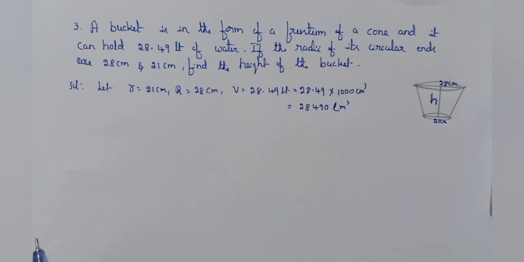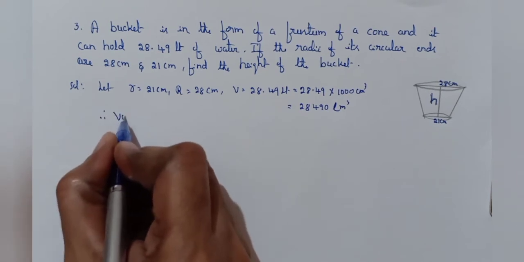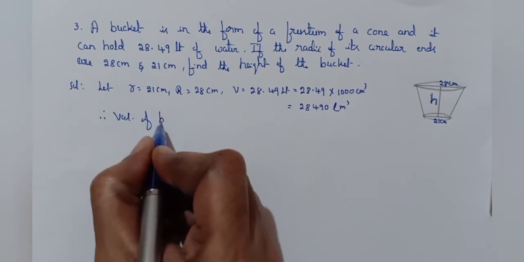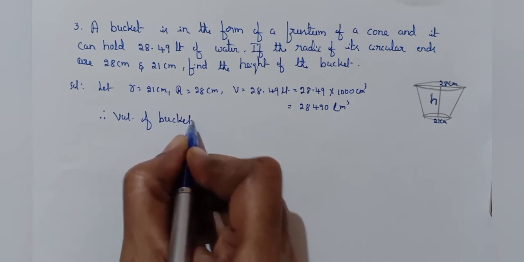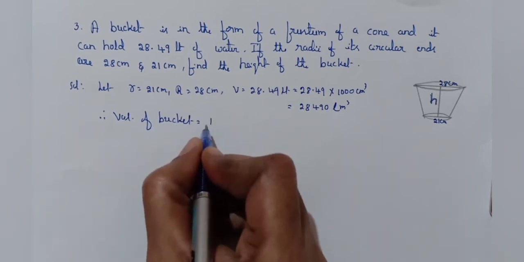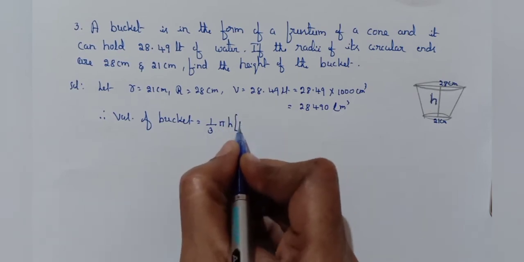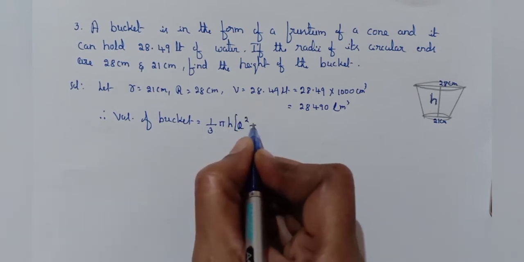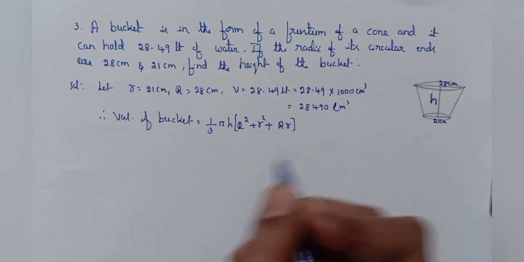Next, we have to find out the height of the bucket. So you know the volume of the frustum. Here frustum is nothing but bucket. Volume of bucket is equal to 1 by 3 pi h into (capital R square plus small r square plus capital R into small r).